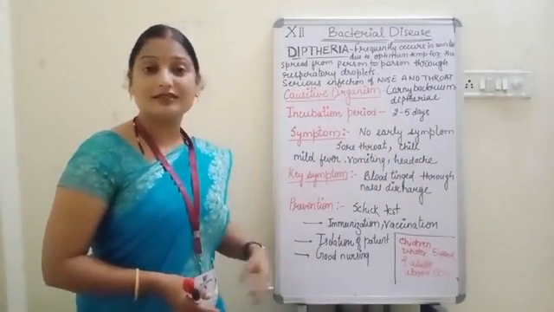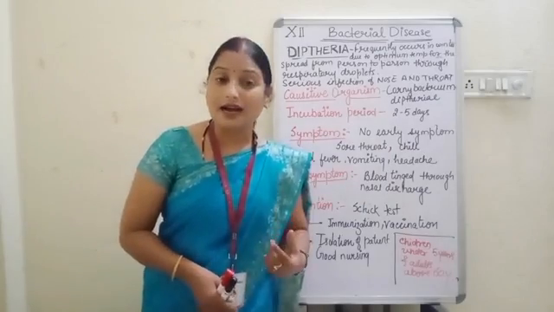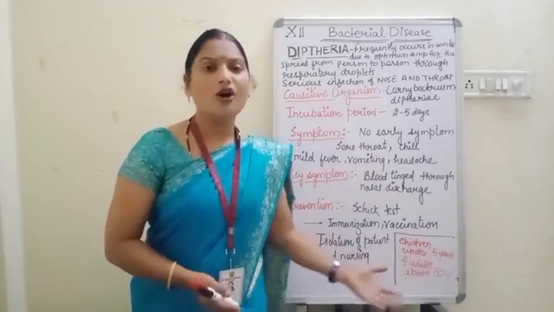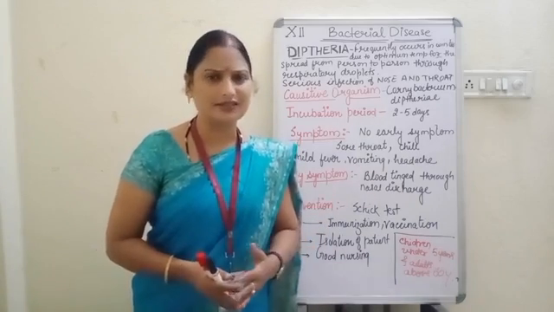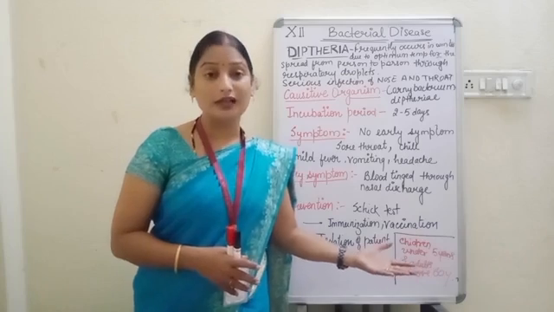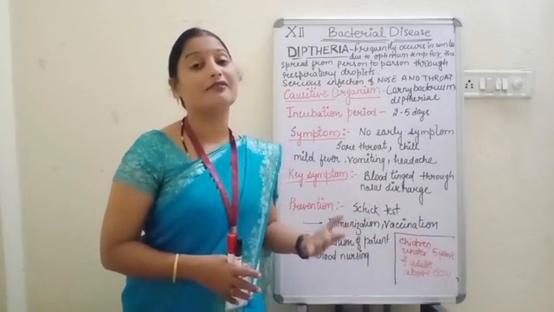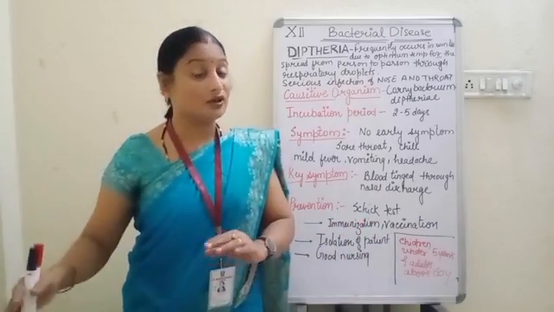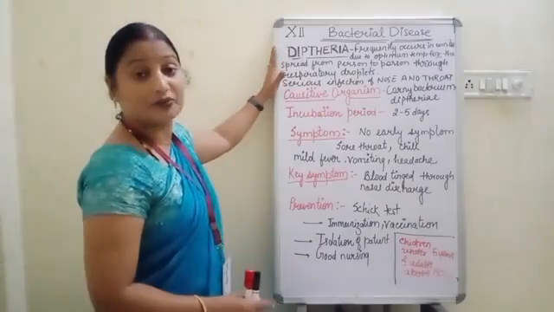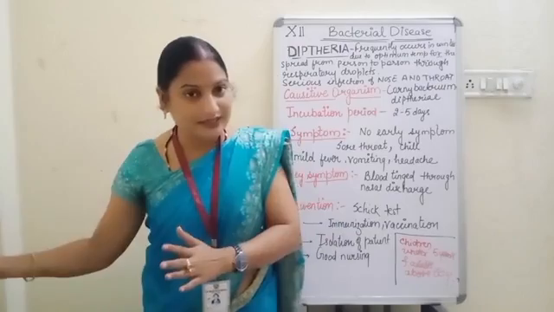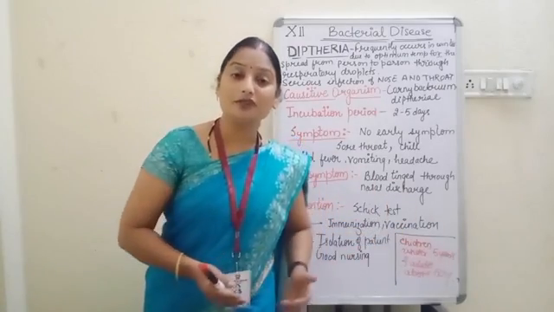Now, once again, children, all these are the common symptoms that occur in almost all the diseases. If somebody is having a normal fever because of cold and cough, and another person is suffering from the diphtheria, how will we identify where is the diphtheria and where is a normal fever?